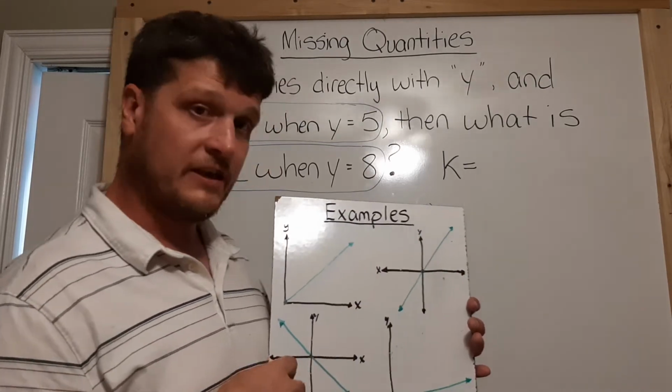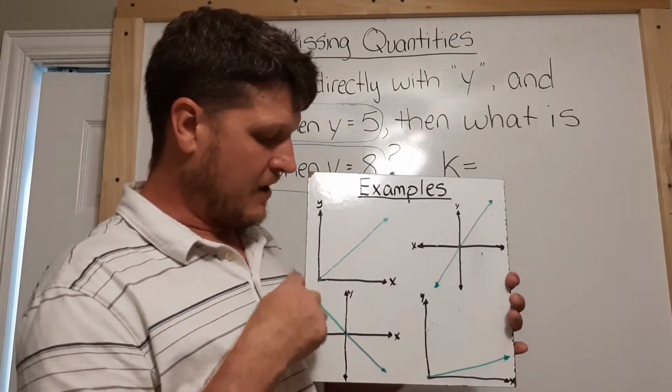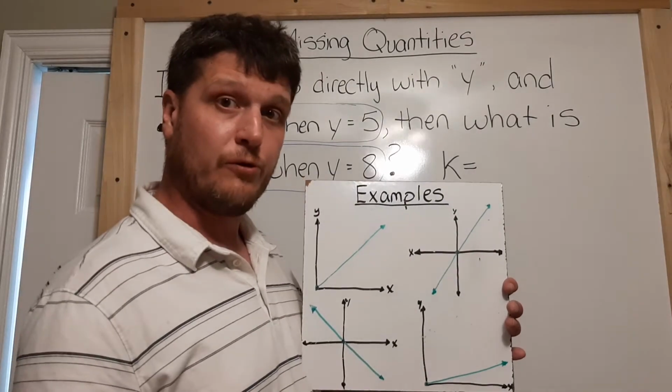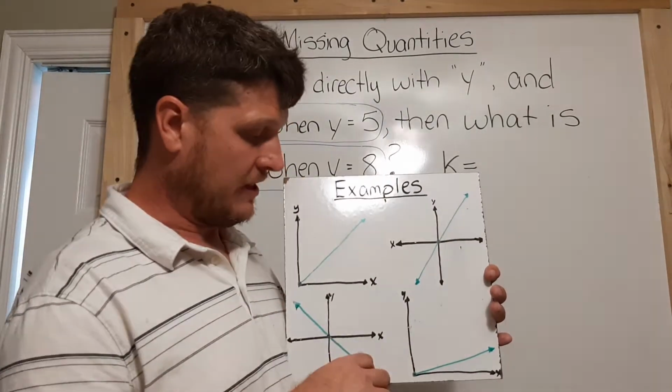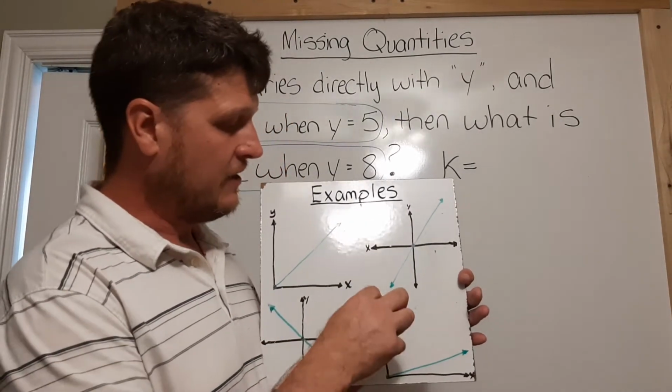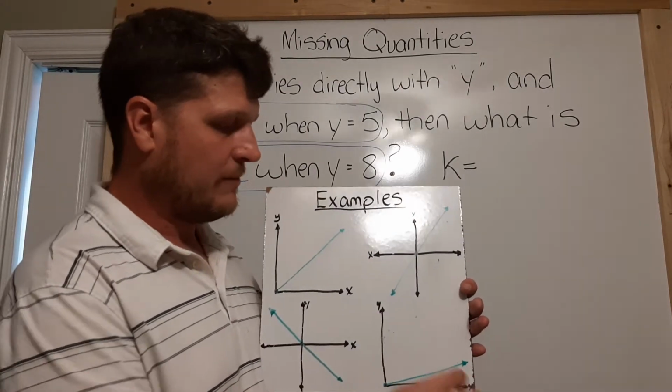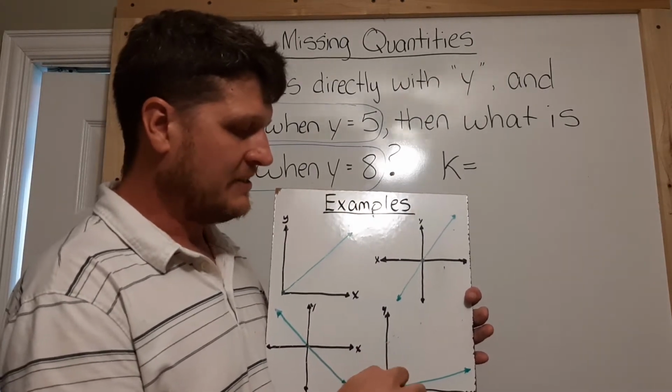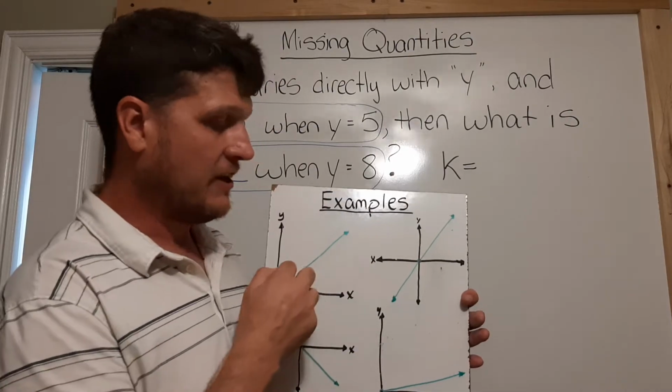And in this particular example we have a negative line going through a full coordinate plane, and then we have a positive coordinate plane here, and the line is less steep than this line here.